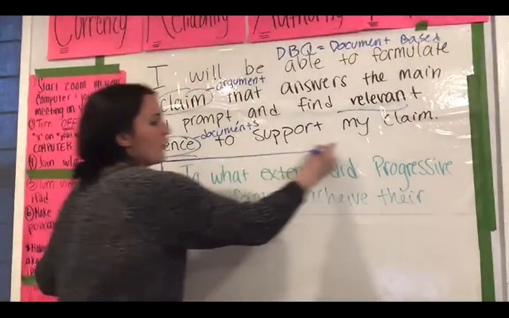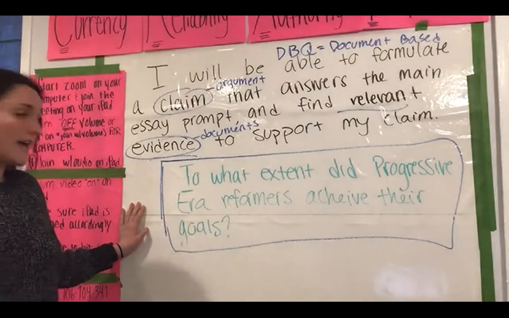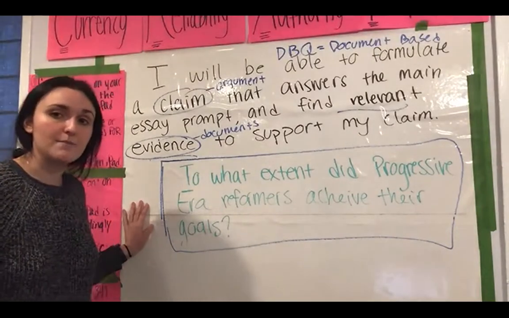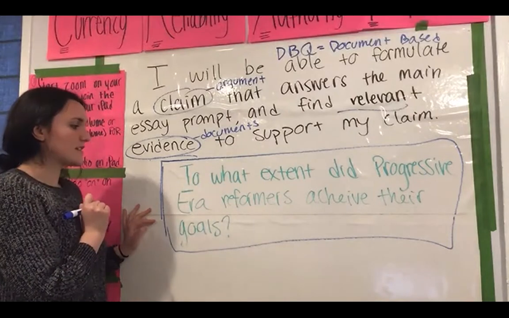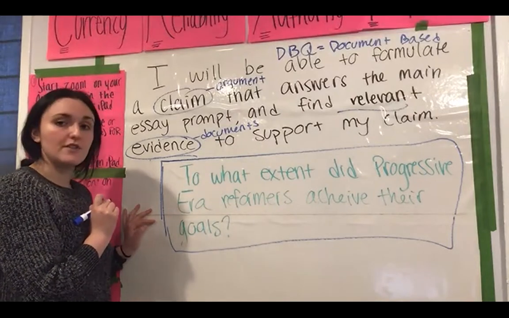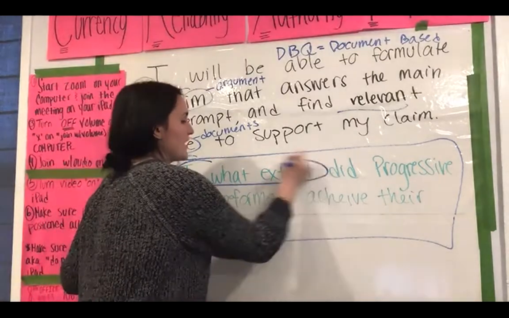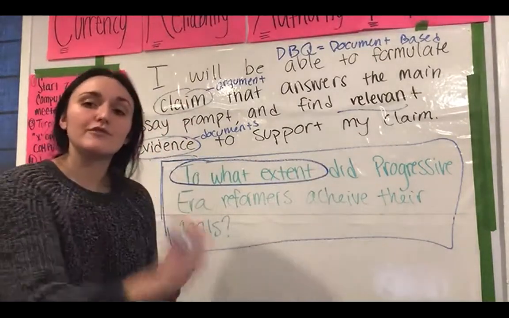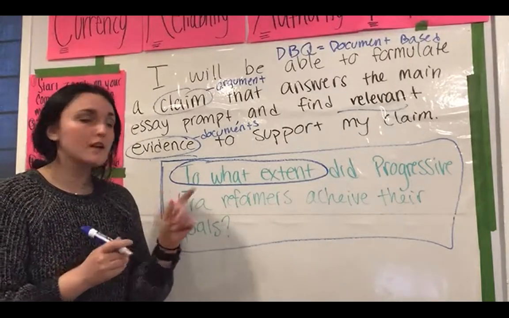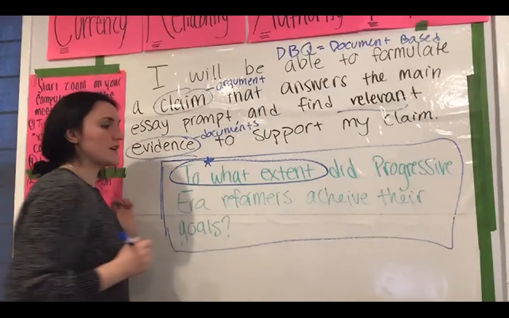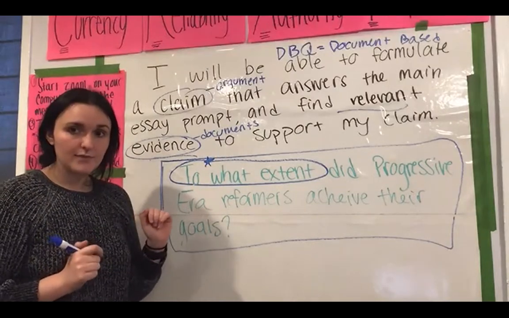Today, we're going to go over how you're creating your claim. Your claim needs to respond to the main essay question. To what extent did progressive era reformers achieve their goals? If the to what extent question is still confusing you, you want to go back to the videos from last week to get some extra support and review on that term, to what extent.